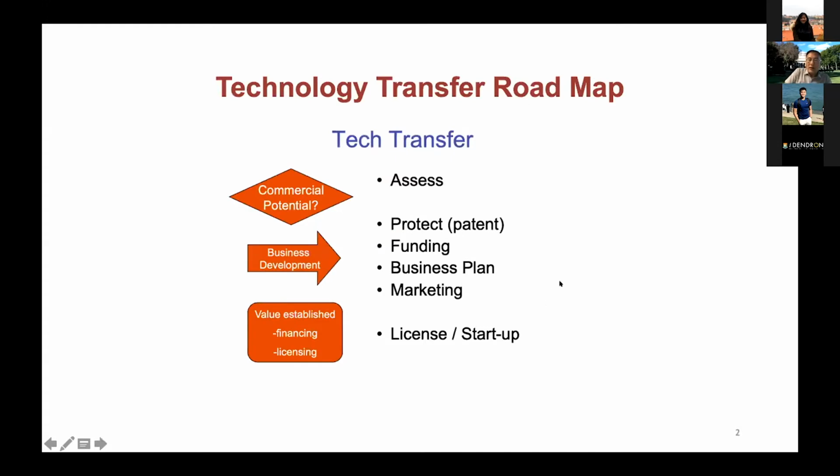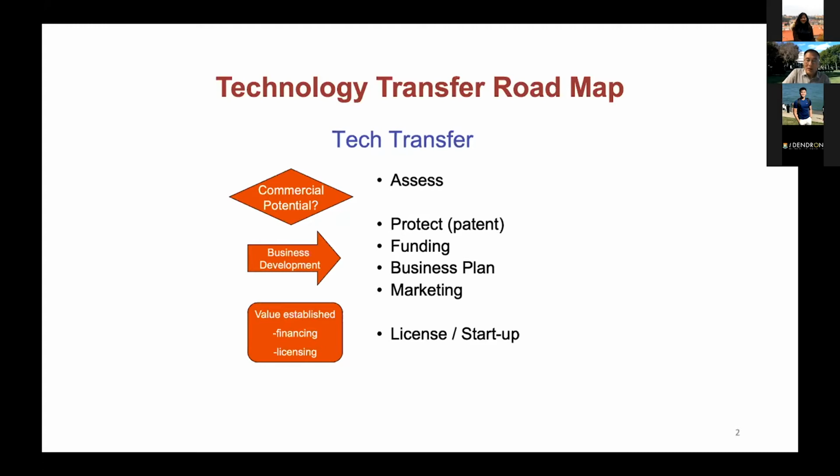Basically, if you talk about the technology transfer roadmap, when we say tech transfer, it starts from an idea, and from the idea to the IP or know-how or something else related. When we talk about the commercial potential, we have to do a thorough assessment.